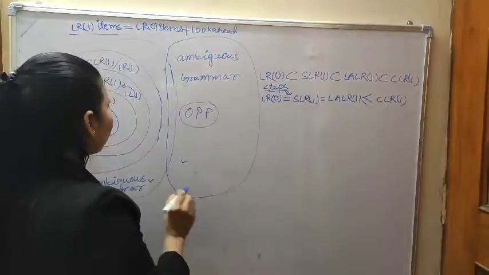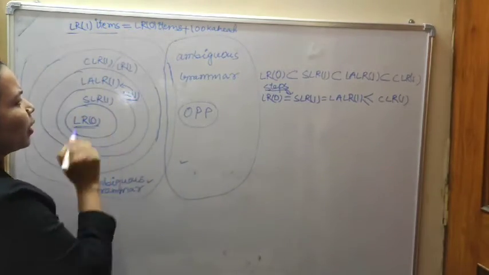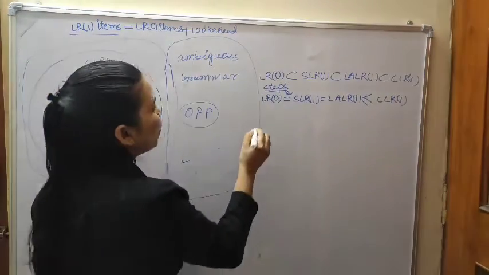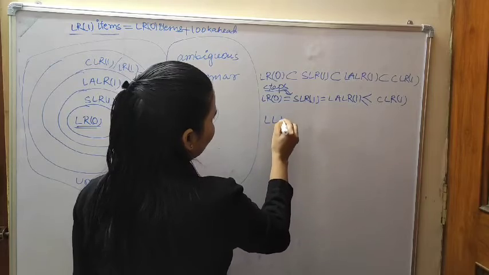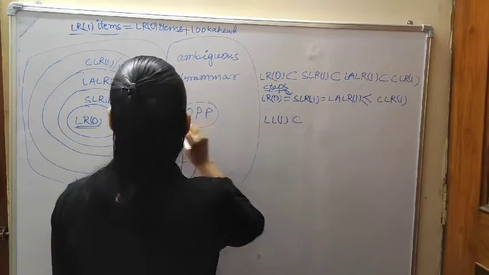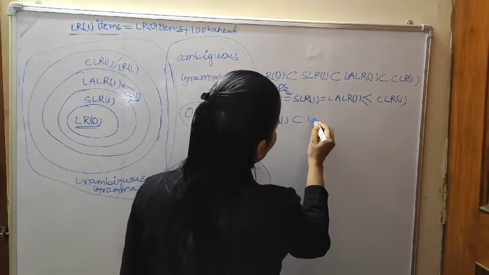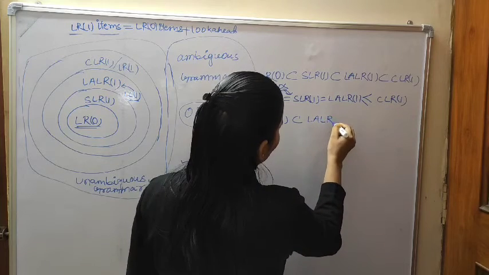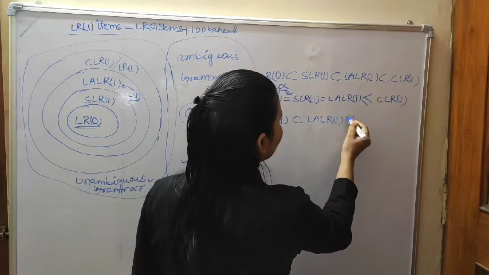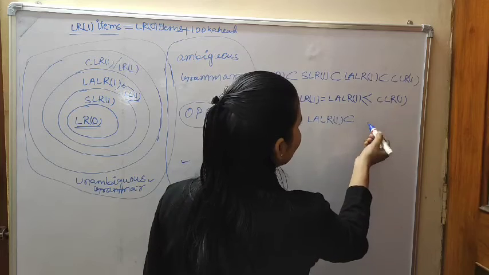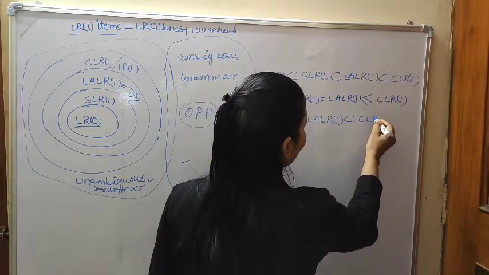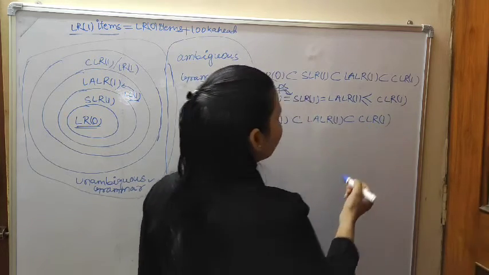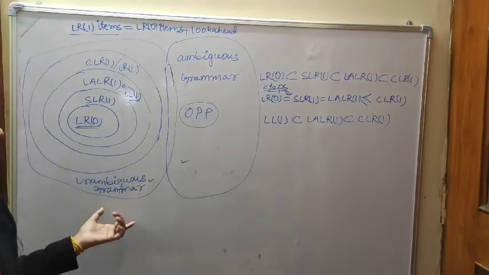And now if you check, LL1 is a subset of LALR1, and LALR1 is a subset of CLR1. This is the parser table.